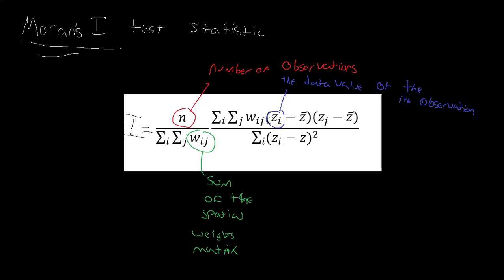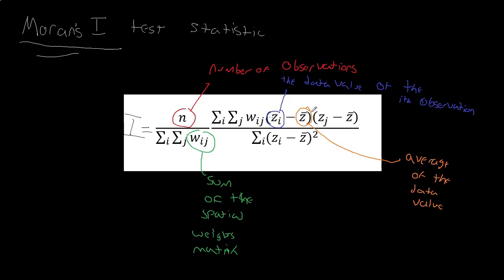This z bar, anytime you see a bar above something, that's generally an indication that this is the average of the data values.